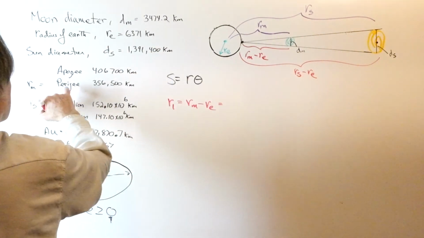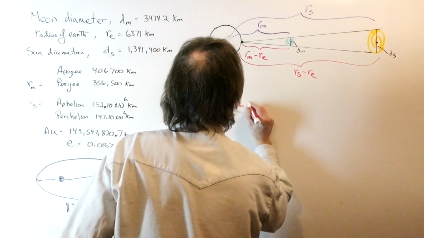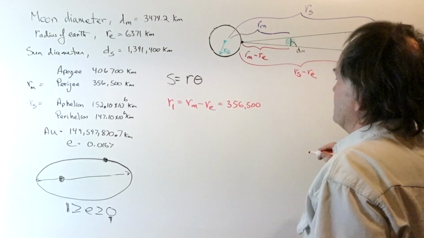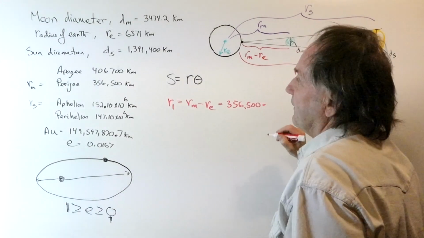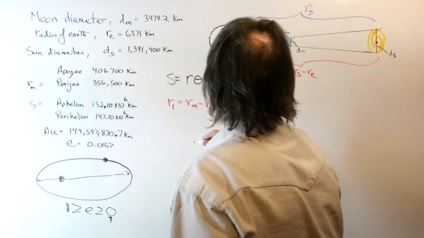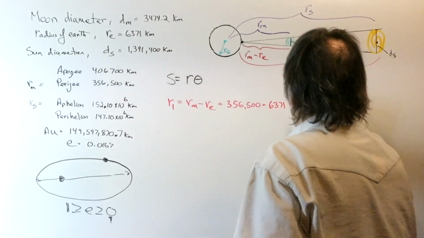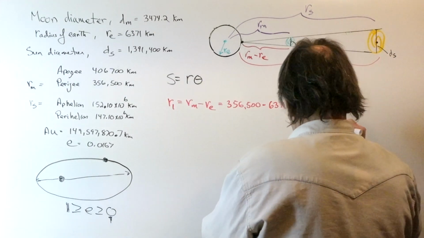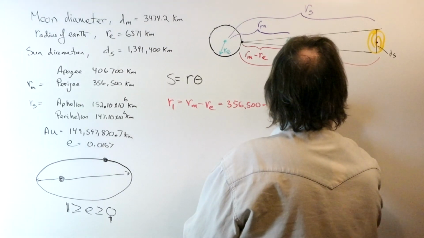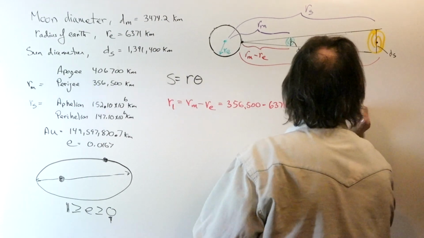Well, RM is 356,500 kilometers, and we're going to subtract off the radius of the Earth, which is 6371 kilometers. Performing that subtraction, we get 350,129 kilometers.